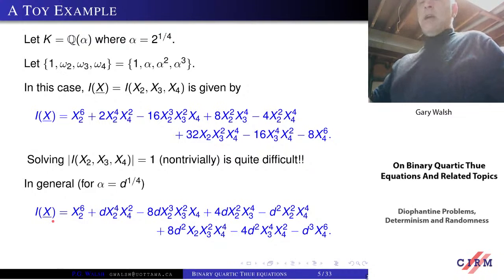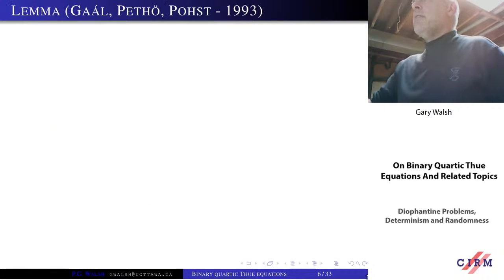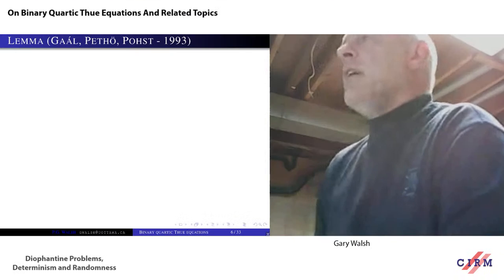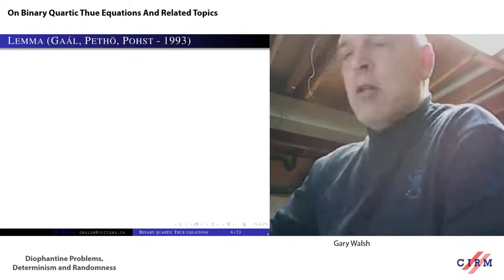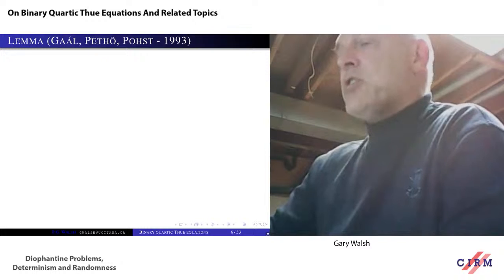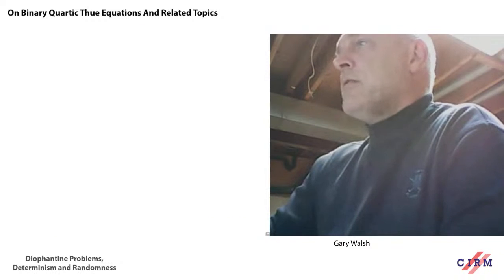So the way to get around this difficulty comes from a beautiful lemma by three people, Istvan Gaál, Attila Pethő, and Michael Pohst, who proved in 1993 the following fundamental result, which appears in many papers and is extremely useful for this purpose.